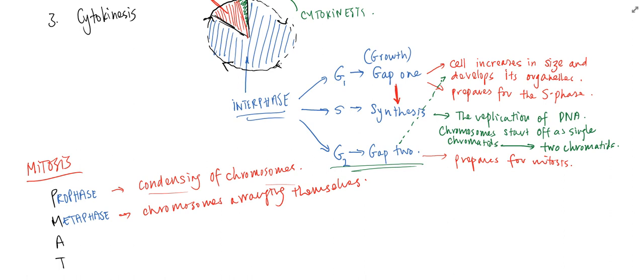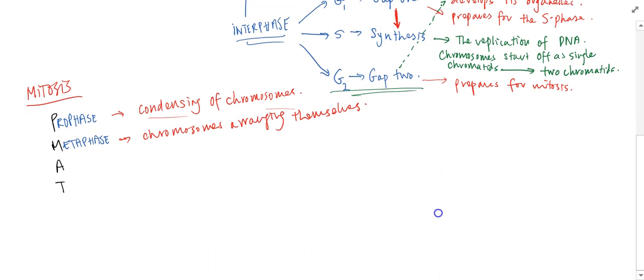And they do this so that the chromosomes can later be distributed evenly between the two ends of the cell, which then become the two new cells. So the chromosomes arrange themselves in metaphase. Then anaphase, they actually separate. So chromosomes separate.